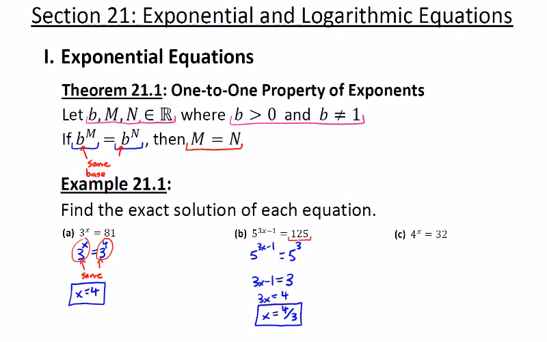And what amazes me about this particular property is that I started off with an exponential equation. And then after a little bit of creativity in rewriting this statement, I can use this one-to-one property, and now all I have to do is solve a polynomial equation.